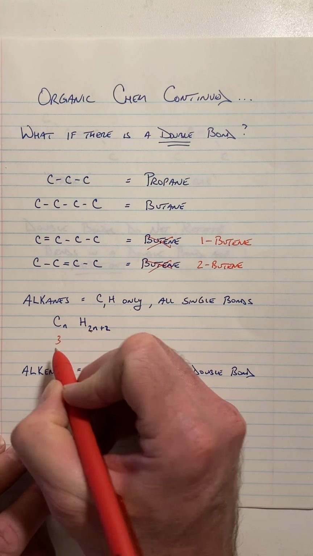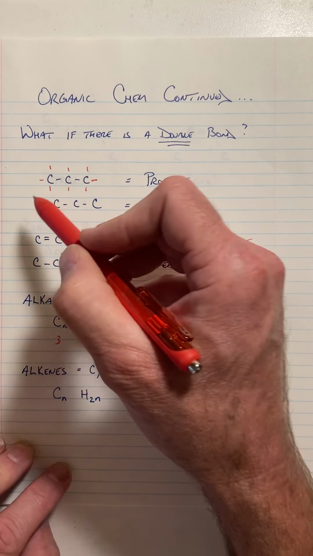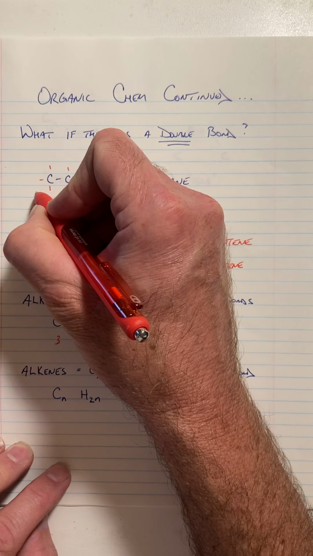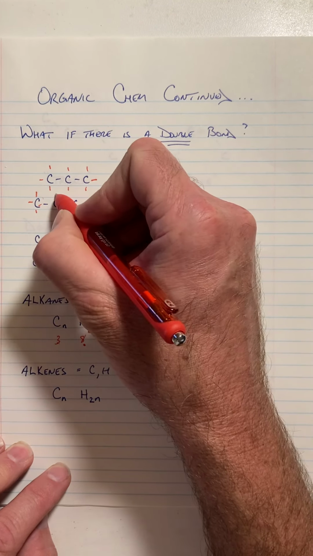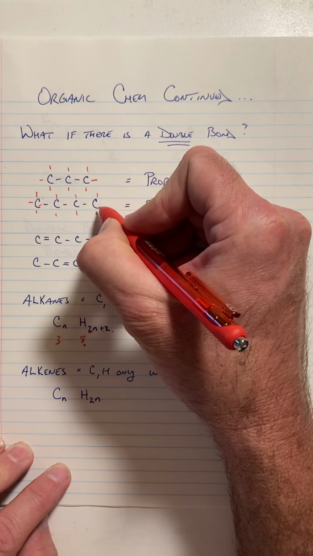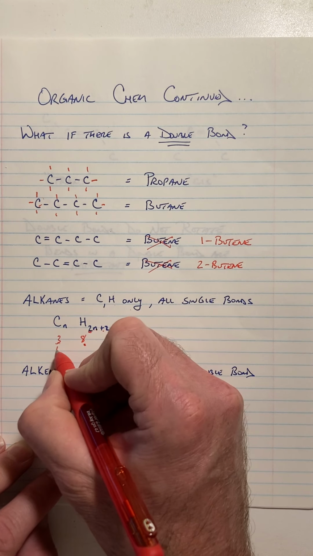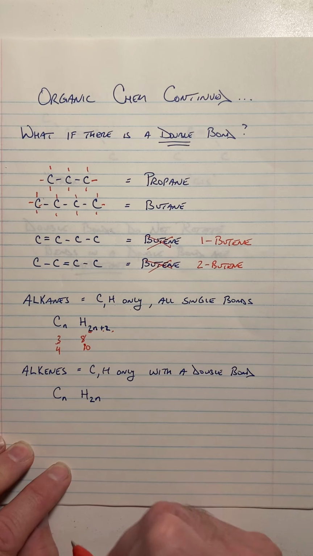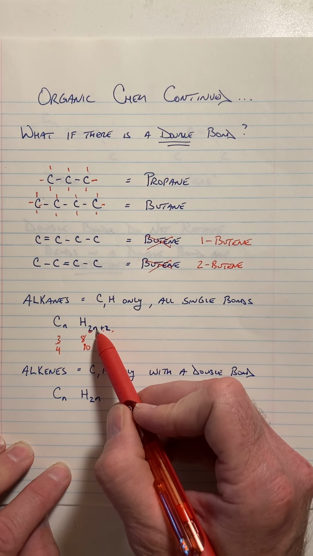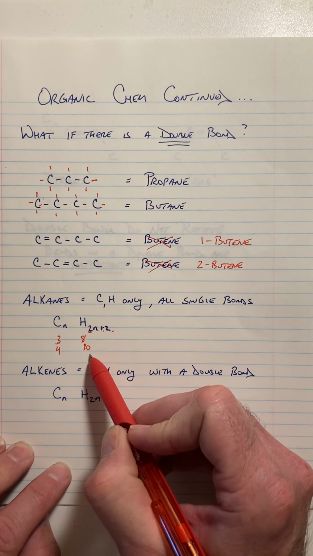Or if I multiplied by 2, so 3 times 2, and added 2, I can get my carbons and hydrogens. This carbon needs 4 bonds. So if we did 1, 2, 3, 4, 5, 6, 7, 8, 9, 10, 4 carbons has 10 hydrogens. Or 4 times 2 is 8 plus 2 is 10.